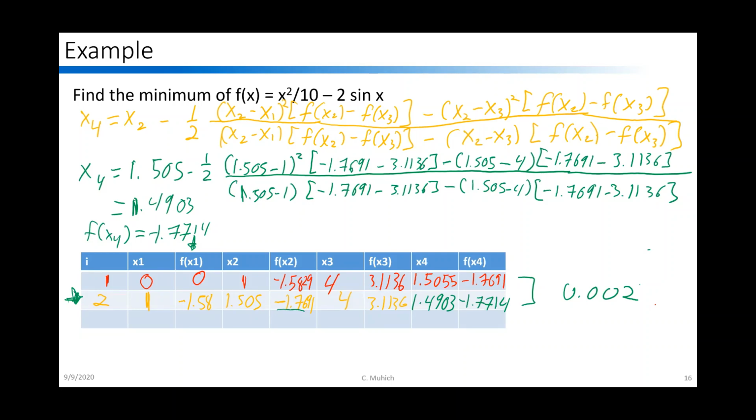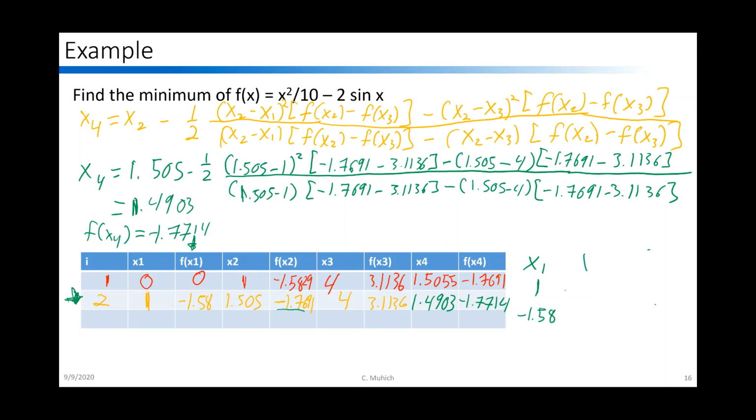So now we once again want to decide whether I want to drop x1 or I want to drop x4. So let's draw out sort of our lines here. So we can say x1 has a value of 1 and a value of negative 1.58.